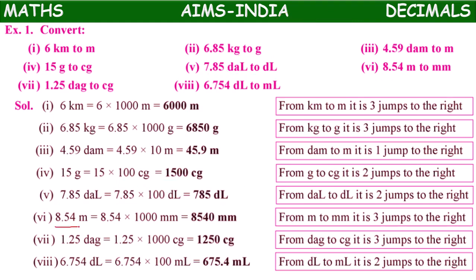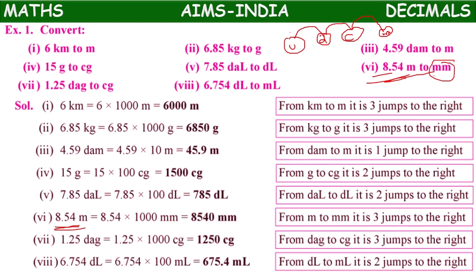Next, 8.54 meter to millimeter. So meter means it's the unit value, it will be in units place. Millimeter means smaller than unit. After unit, decimeter will come, after deci centimeter will come, after centi millimeter will come.